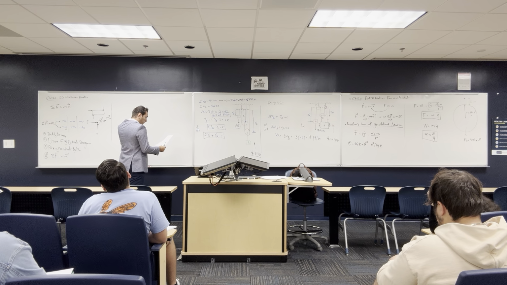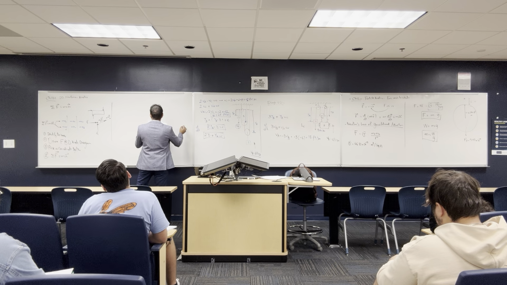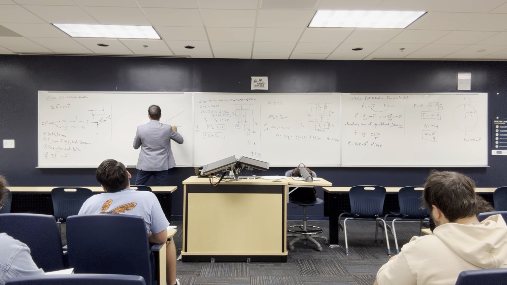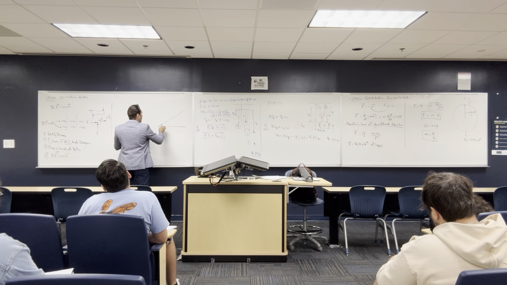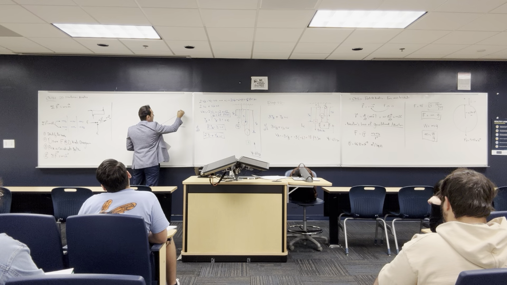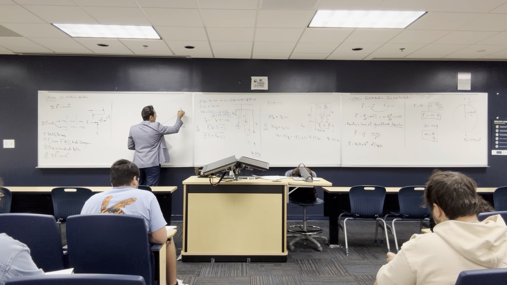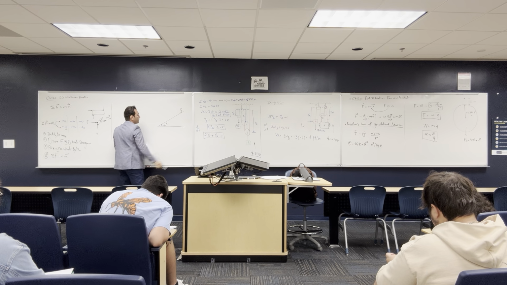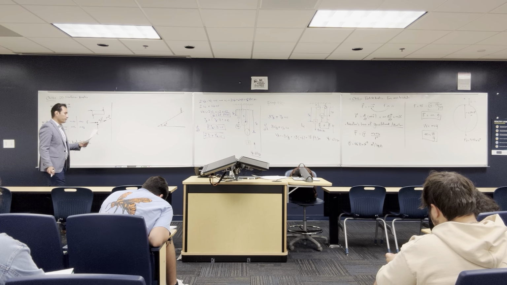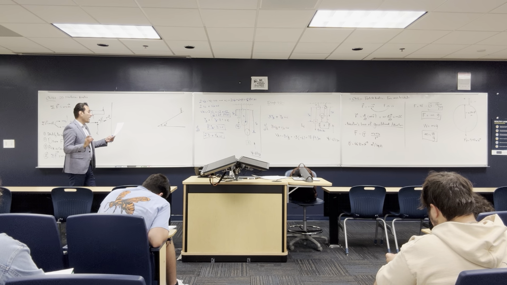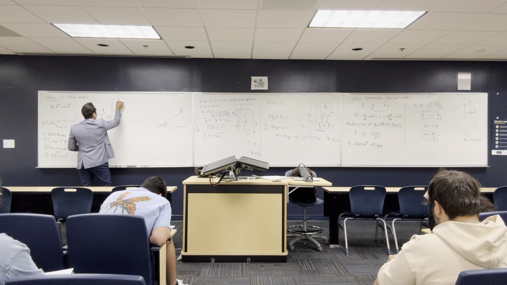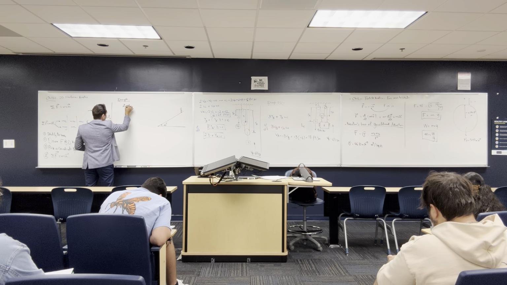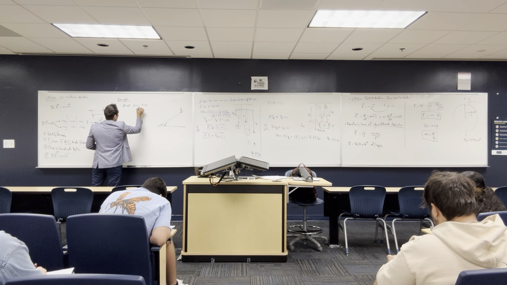Let's say you have a skier standing here, and it's going to ski down a slope that is 40 degrees. The skier starts at rest, that means S equals 0 and T equals 0, and V is equal to 0.